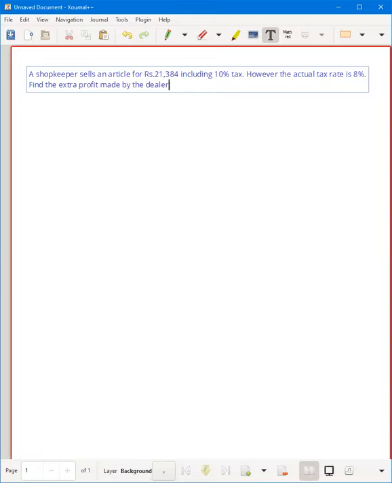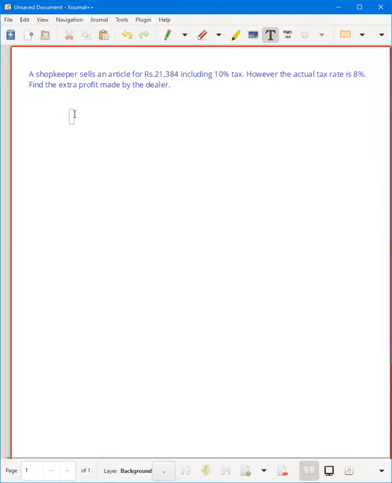Quickly solve this. A shopkeeper sells an article for 21,384, including 10% tax. However, the actual tax rate is 8%. Find the extra profit made by the dealer.